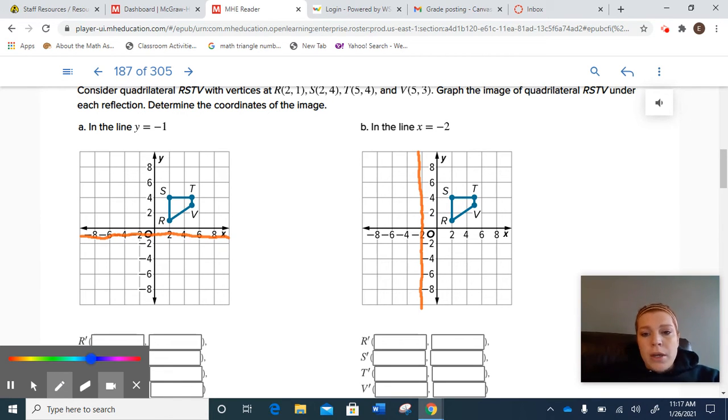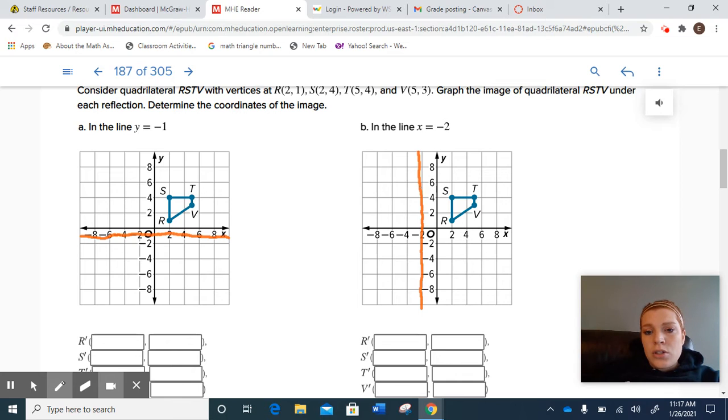So in my new picture, I'm going to start with S. S is going to go 2 to the left, 2 more to the left, for a total of 4 going out. So that is my new S point. It goes straight across. Very important that it makes a 90-degree angle when you connect the two dots.